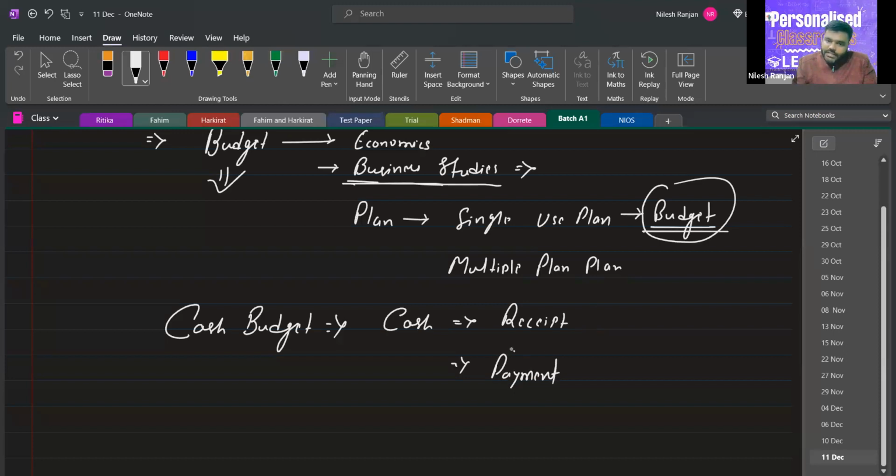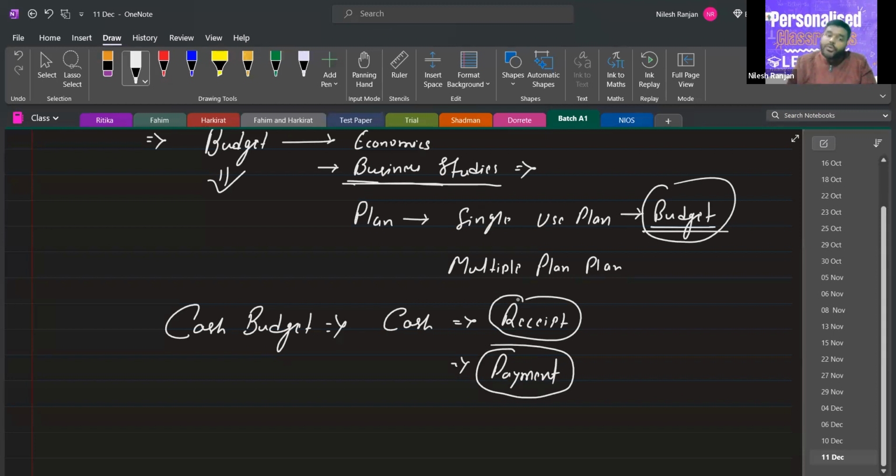And if, let's say, payment is more than receipt, then we will find another source so that we can receive enough cash for expenses purpose. So this is our cash budget.